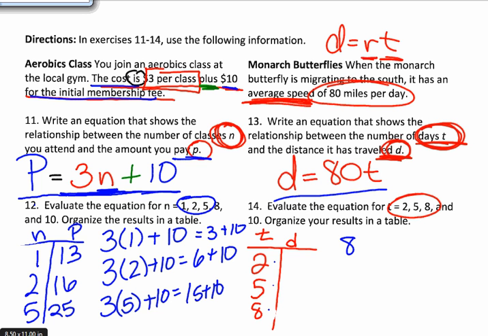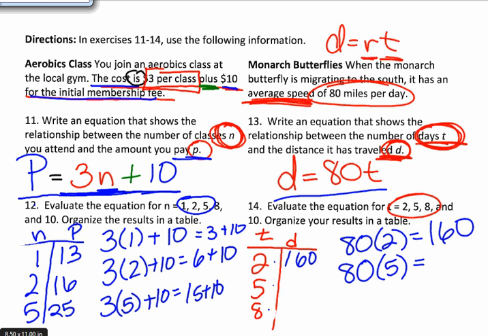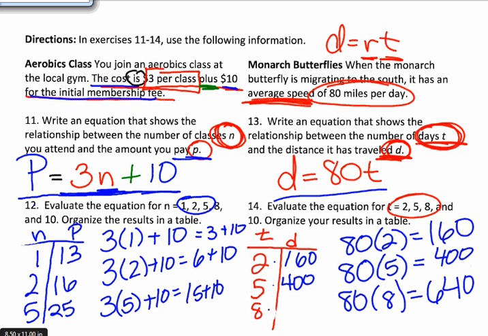First one, we put in 2. 80 times 2 is 160. So we put that next to 2. Now we do our 5. 80 times 5 is going to give us 400. We put 400 in here. Our next one would be putting in 8. 80 times 8 would give me 640.